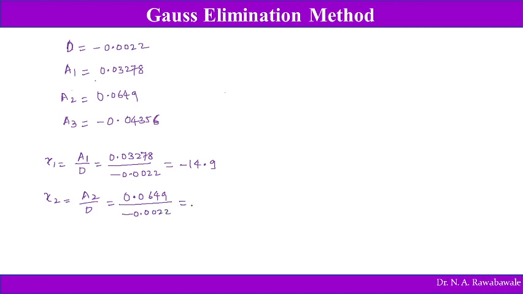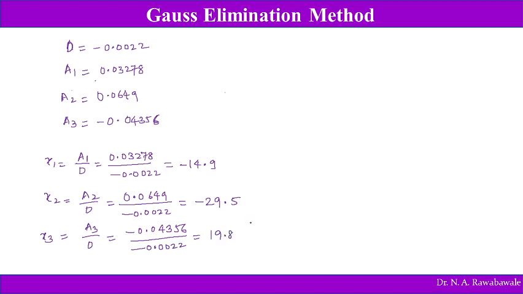So this x2 works out as minus 29.5. Then x3 is nothing but A3 divided by D. A3 is minus 0.04356 divided by minus 0.0022.